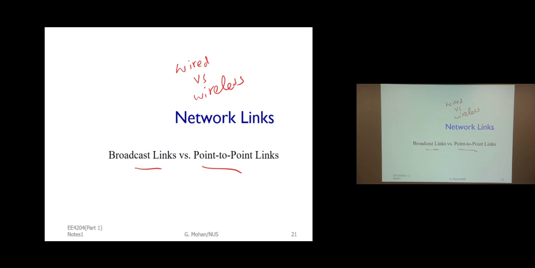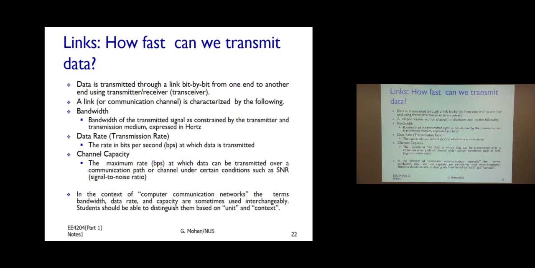Let's look at some of the key characteristics of this. Before that, let's ask this question: how fast can we transmit through a link? We know there are different kinds of links: a wireless link, Wi-Fi, where the signal propagates through wireless media.